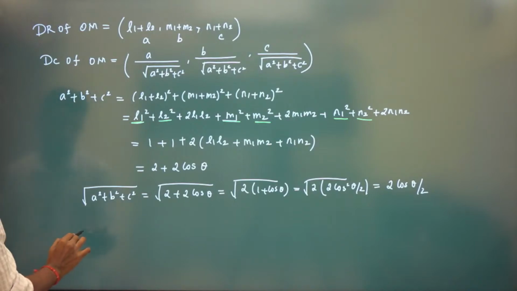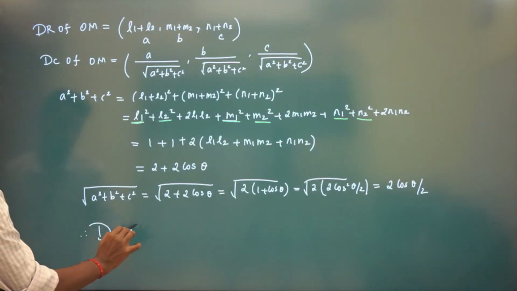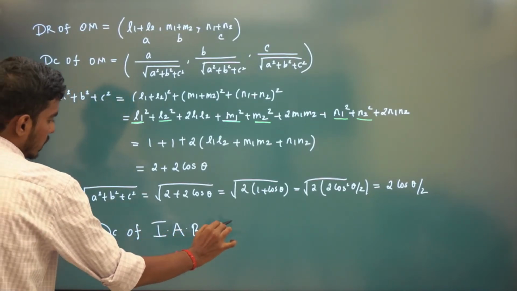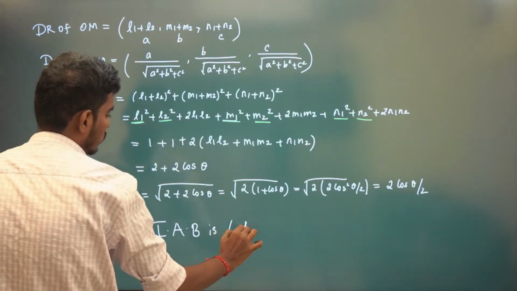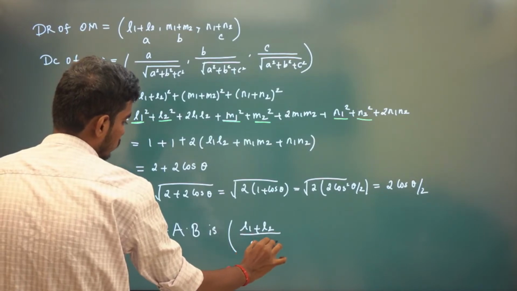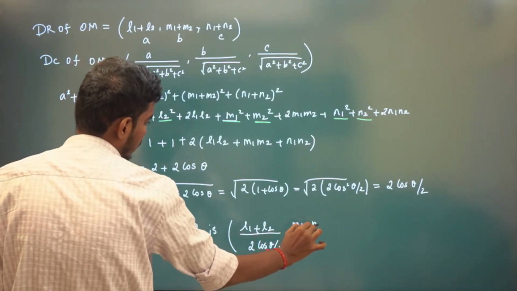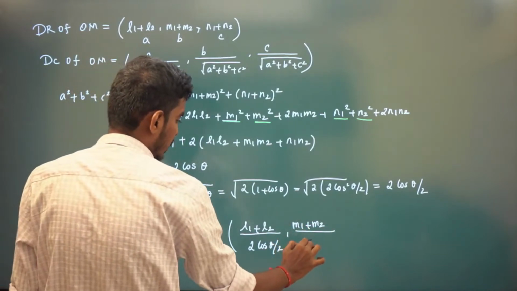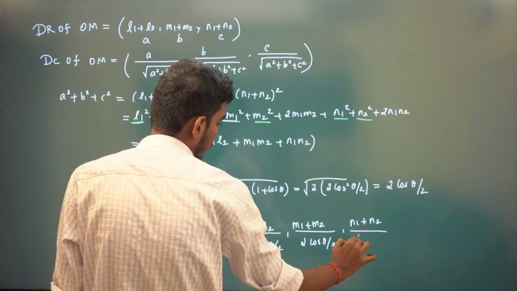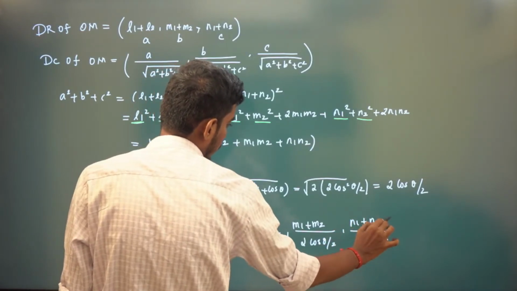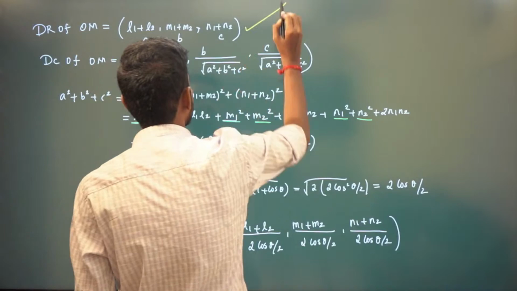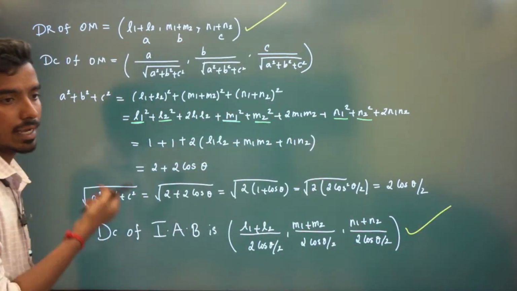Therefore, the direction cosine of the internal angle bisector is (L1 plus L2) divided by 2 cos theta by 2, (M1 plus M2) divided by 2 cos theta by 2, (N1 plus N2) divided by 2 cos theta by 2. This is the direction ratio of the internal angle bisector, and this is the direction cosine of the internal angle bisector.